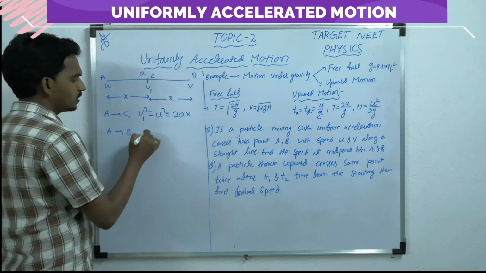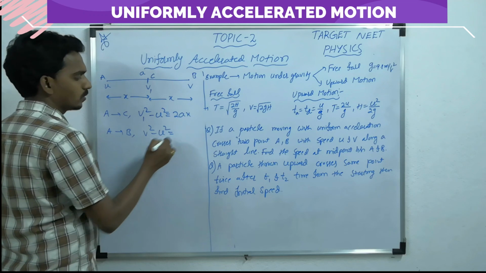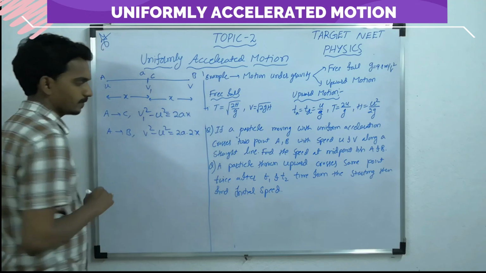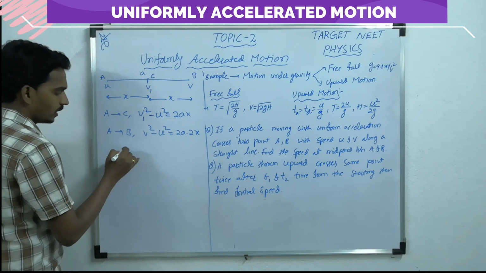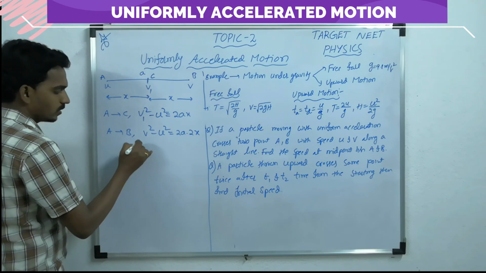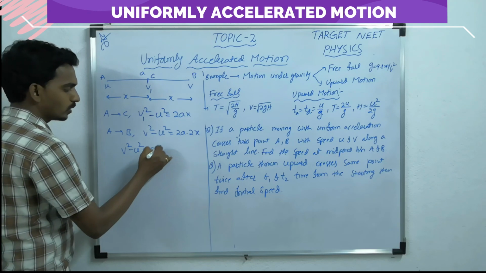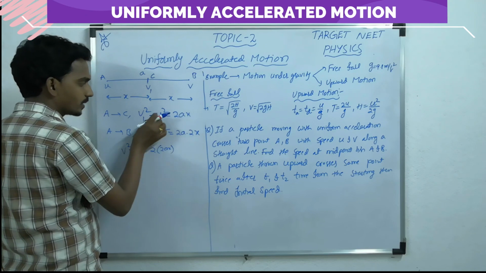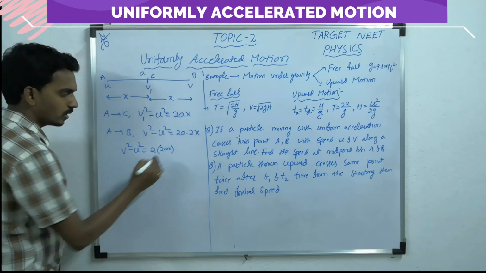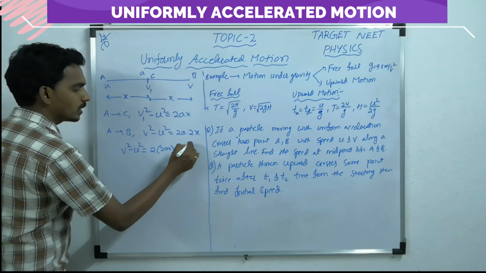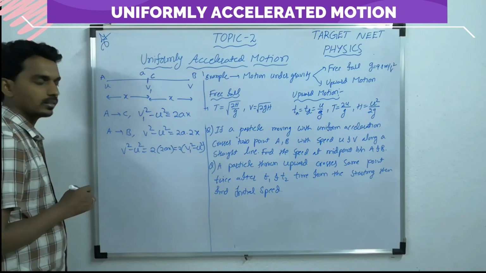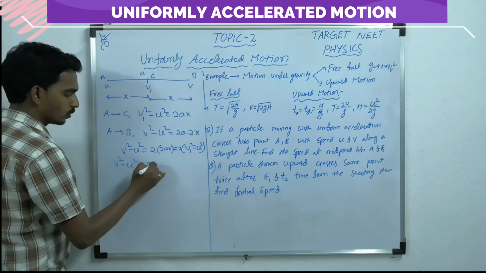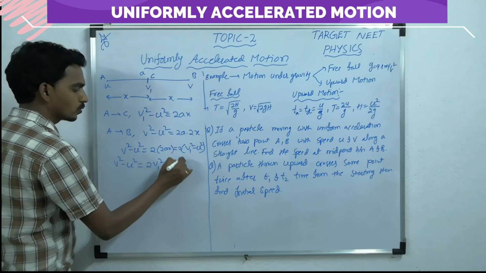So A to B is v square minus u square equal to 2a times, what is the distance now? 2x. So v square minus u square equal to 2 times 2ax. But 2ax value I can substitute as V1 square minus u square. So 2 times V1 square minus u square. So v square minus u square equal to 2V1 square minus 2u square.